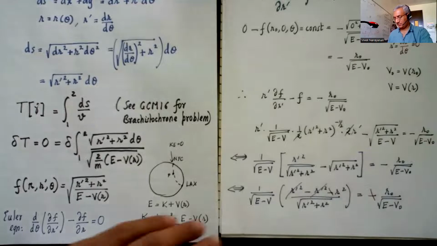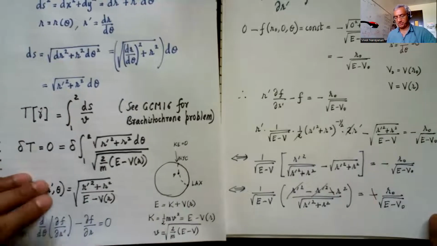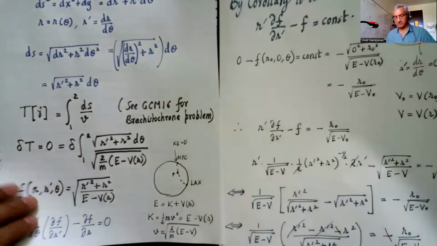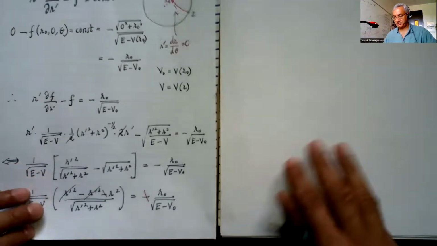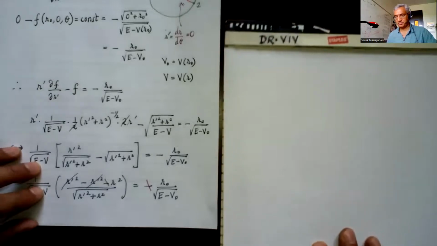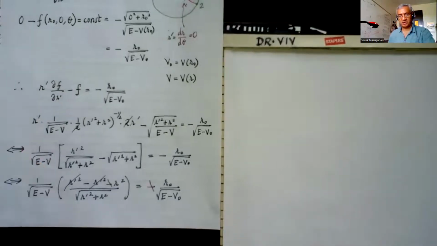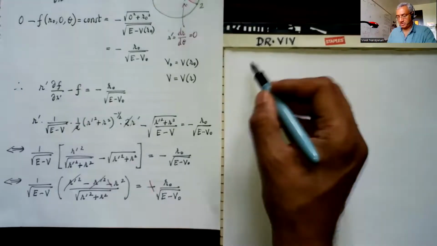So let us try to write it out. Okay, so first of all, the square roots are there and you don't really want them. So I'm going to square both sides.